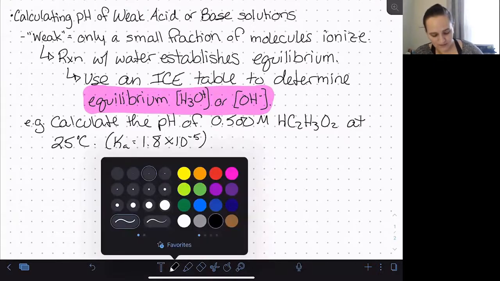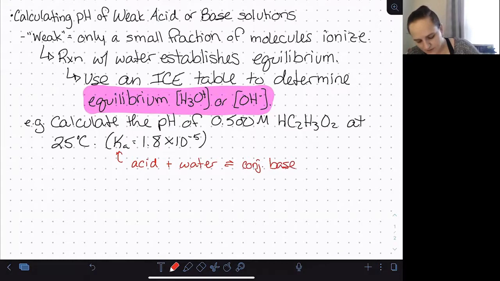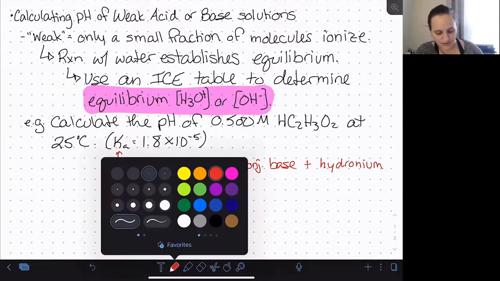Ka always represents the reaction of an acid plus water in equilibrium with the conjugate base of that acid and hydronium. So that's the general idea of what our reaction is going to look like.